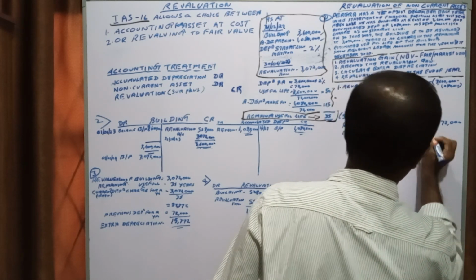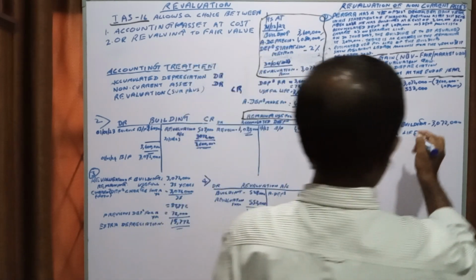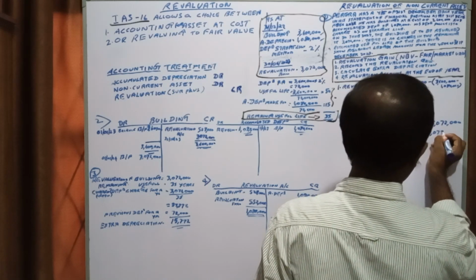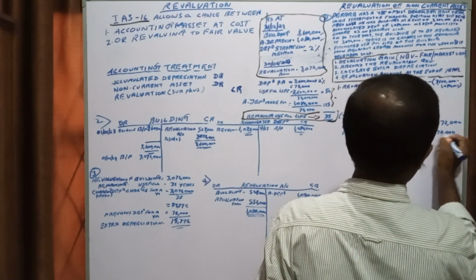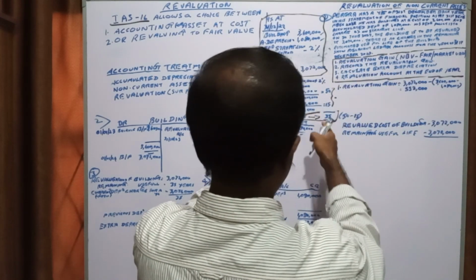How do you calculate the remaining useful life? The current cost of the building divided by the remaining useful life.